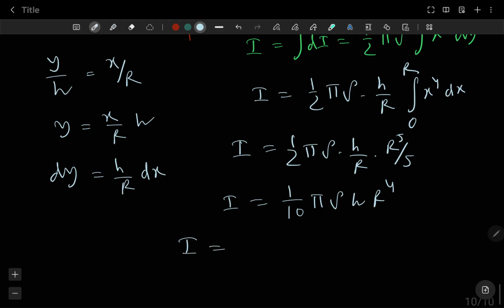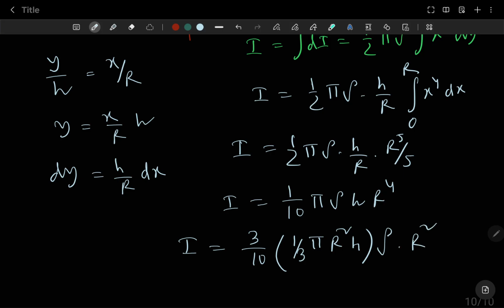So it is 3 by 10 into 1/3 pi r square h into rho into r square. So the volume, the entire thing is the volume of this cone, into density is the mass.